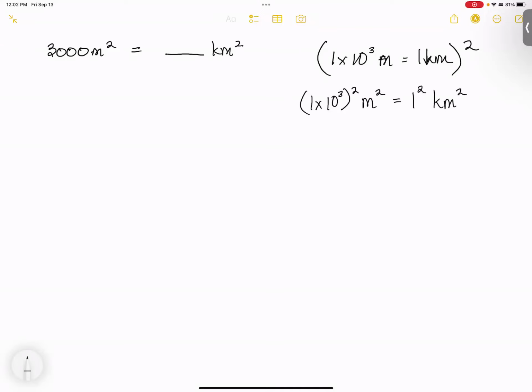Now, 1 times 10 to the 3 squared is 1 times 10 to the 6 meter squared, which is equal to 1 squared, which is simply 1, kilometer squared. Now, because I have the units that I started with, which was meter squared, I can use this conversion factor.